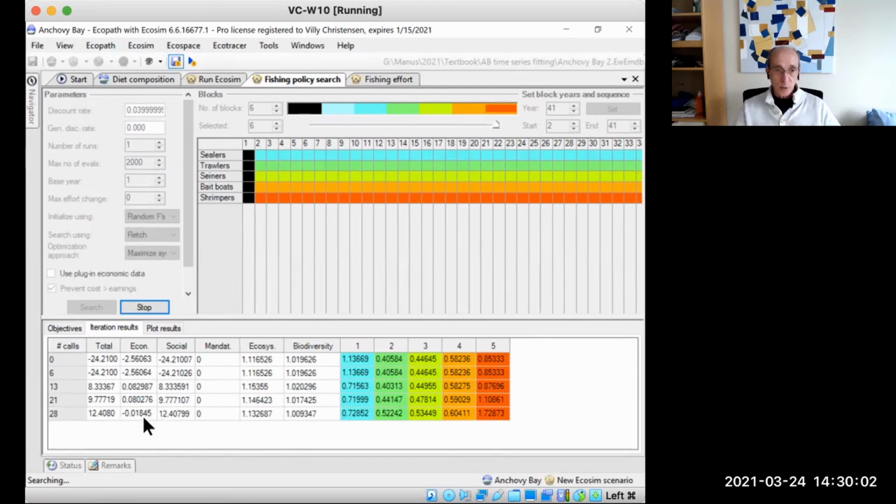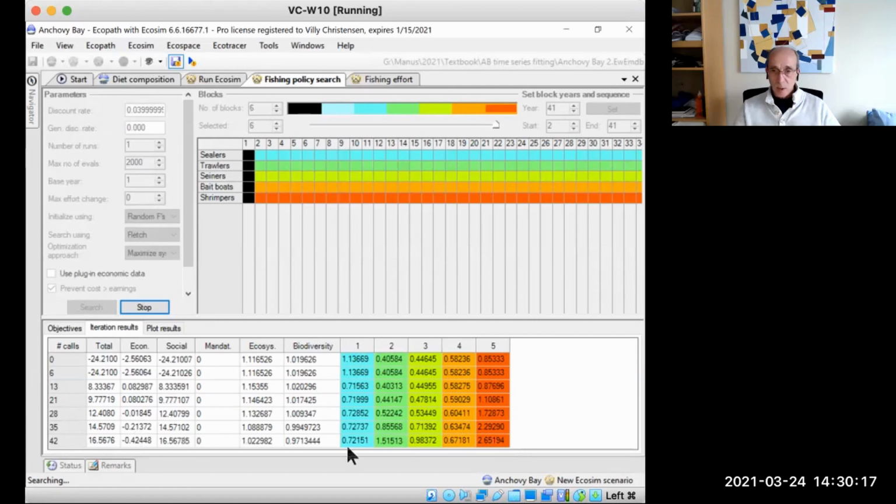But now it should try to avoid losing money. It's not completely doing it. It is a bit tricky to get this to work properly. You see, it's building a social value, but it is actually losing a bit of money. But the outcome, as you can see over here, is not nearly as negative as it was.